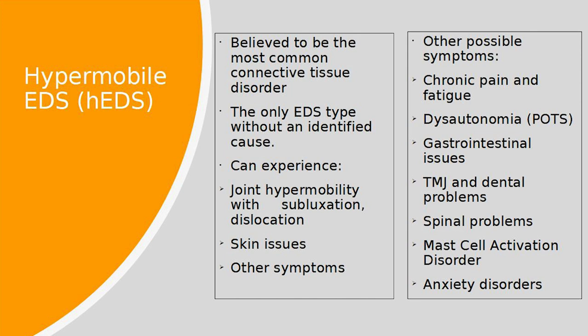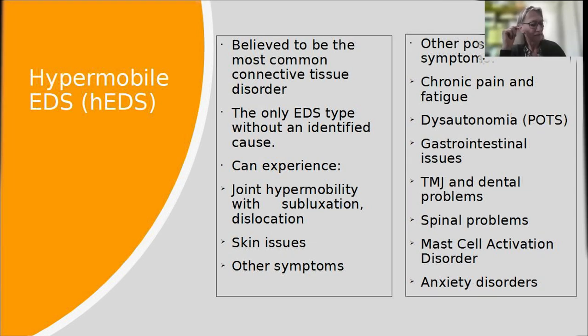As I said earlier as well, it's the only type that doesn't have a gene connected to it yet, and it's defined by joint hypermobility with subluxation and dislocation, and also skin issues. So people with hypermobile EDS usually have very flexible skin, soft and stretchy skin, and problems of scarring, etc.